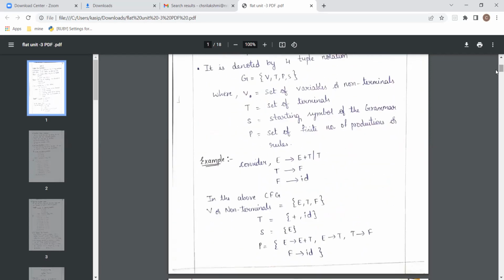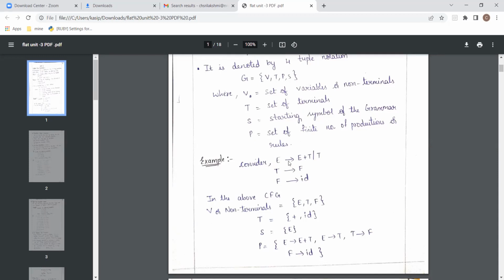So what is meant by V? It is nothing but a set of non-terminals. Let me take a simple example and tell you what are V, T, S, and P. V is the set of variables or the non-terminals, I told you, no? So here I am taking the example.